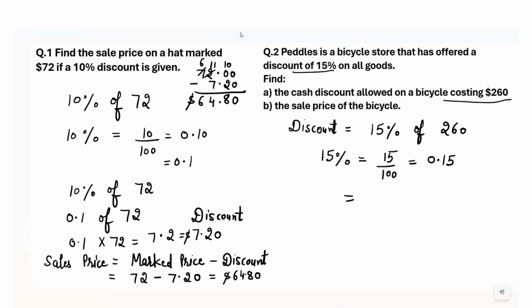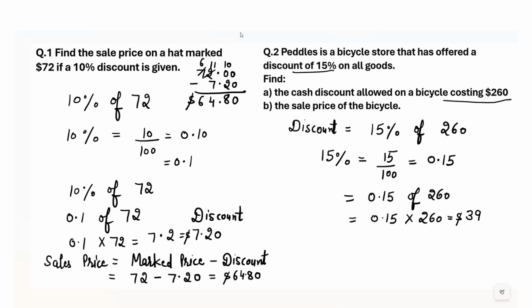So to calculate the discount, I'll do 0.15 of 260, which is 0.15 times 260. If you multiply, your answer would be $39.